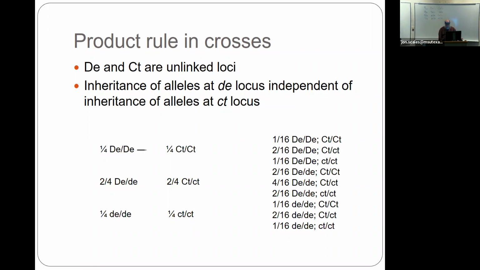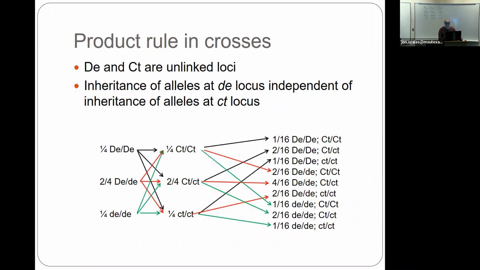And so we know we get that by doing our fork diagram, multiplying all of the things by all of the other things. That's because getting this genotype is independent of getting that genotype, or that genotype, or that genotype. So each of those genotypes is inherited independently because of the law of independent assortment, okay?